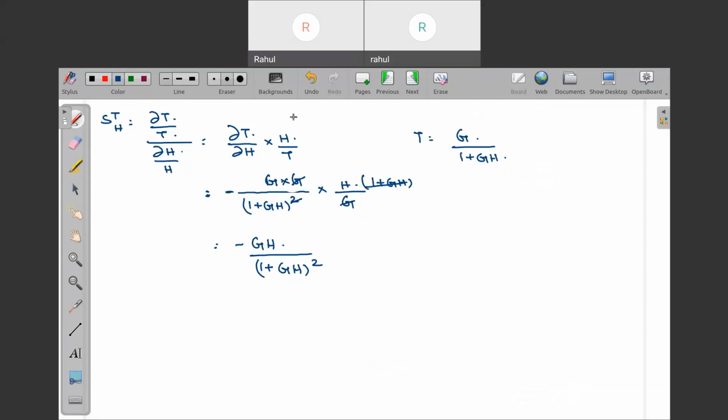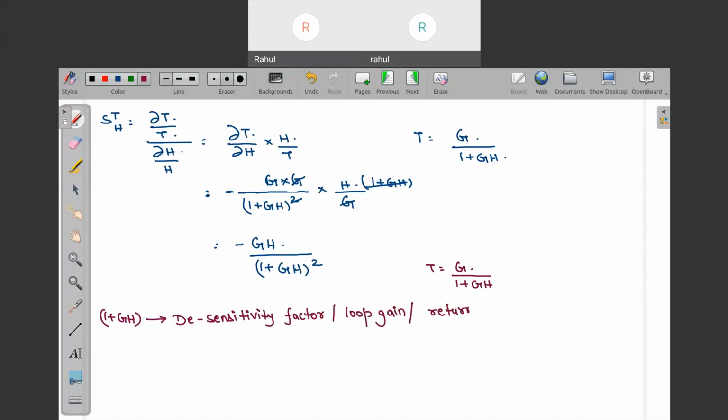So now let us try to take one example over here. One thing I want to tell is that this 1 plus GH term in this transfer function is known as your desensitivity factor, or also known as your loop gain, or also known as your return difference.